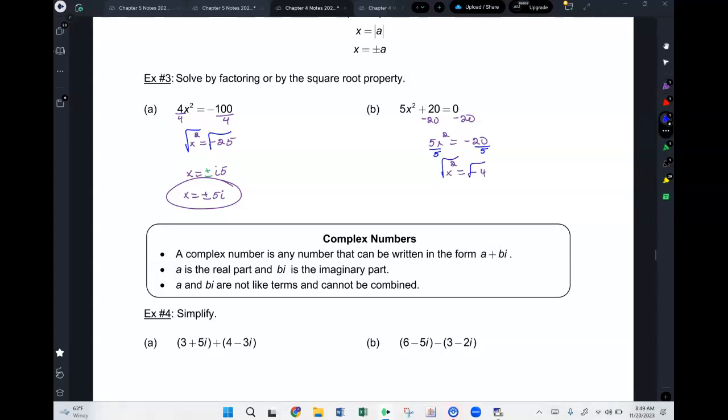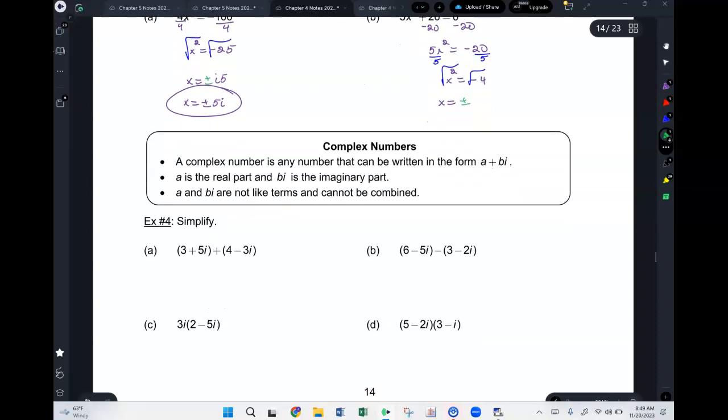Take a square root. x is plus or minus. What happens to the negative? Comes out as an i. And then, right, the 4 is a 2, so it's plus or minus 2i.